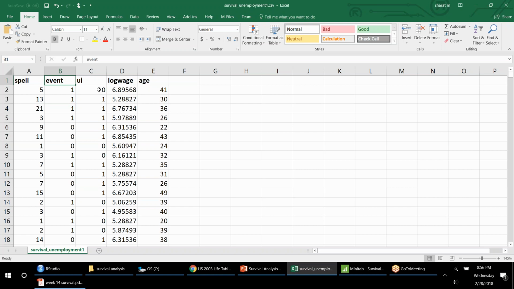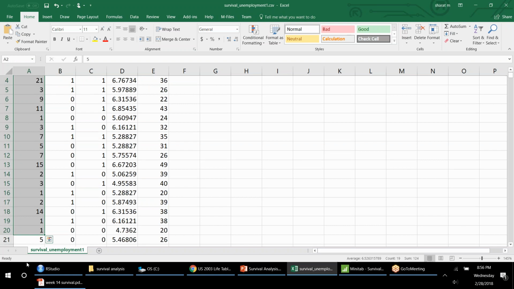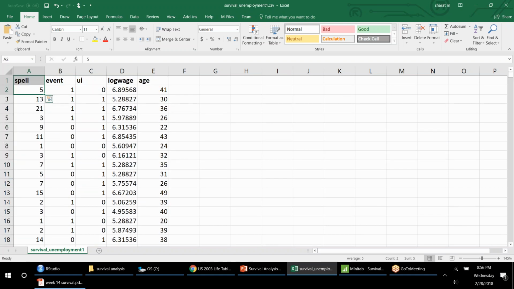So whether the unemployment allowance was given to that particular unemployed person or not. So all these are your different subjects. Here under time you have different subjects. I have 3,343 subjects. We have seen that, right?